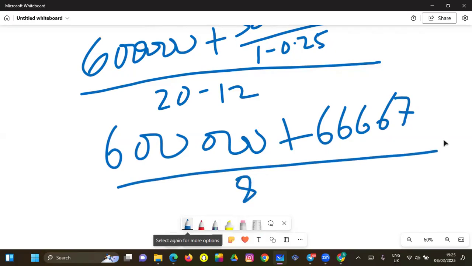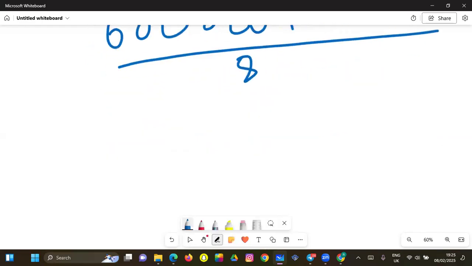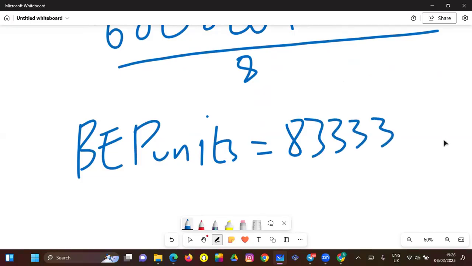So the break-even point in units is going to be 158,333 units.